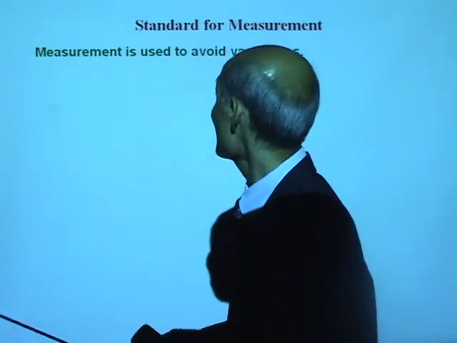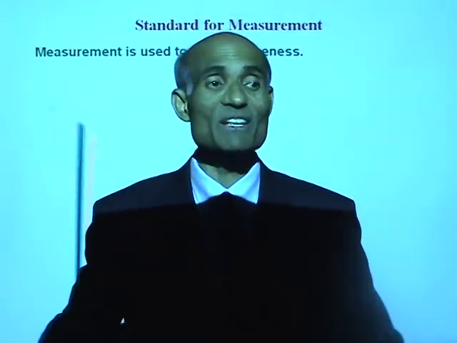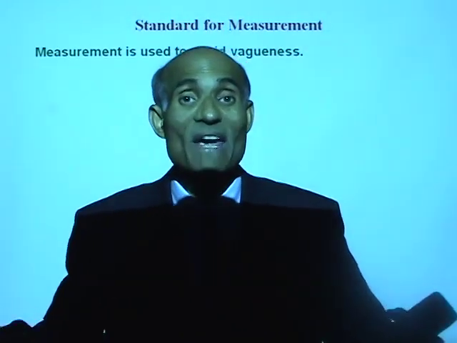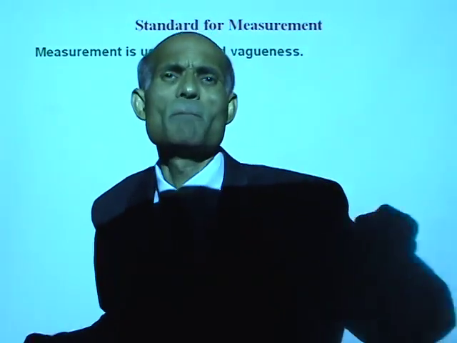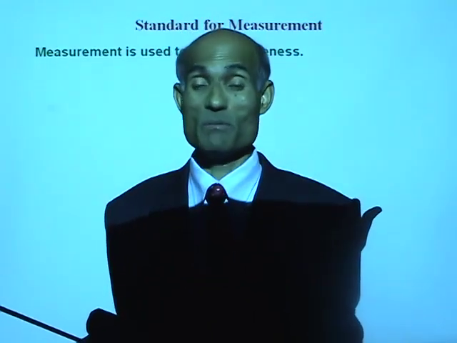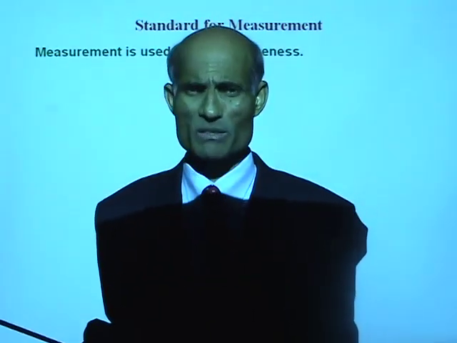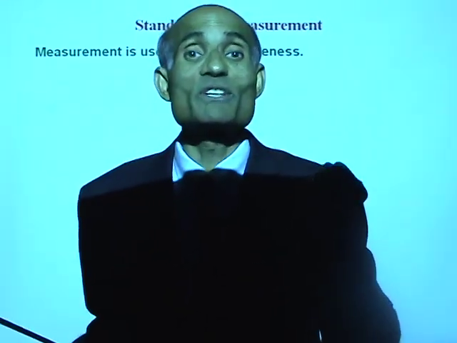Now, measurement is used to avoid vagueness. A standard is used to avoid vagueness. Is that right? Now, suppose I ask you, give me some money. It is very vague, because you look at me, oh, what do you want? How much? Is that right? Measurement is to do what?